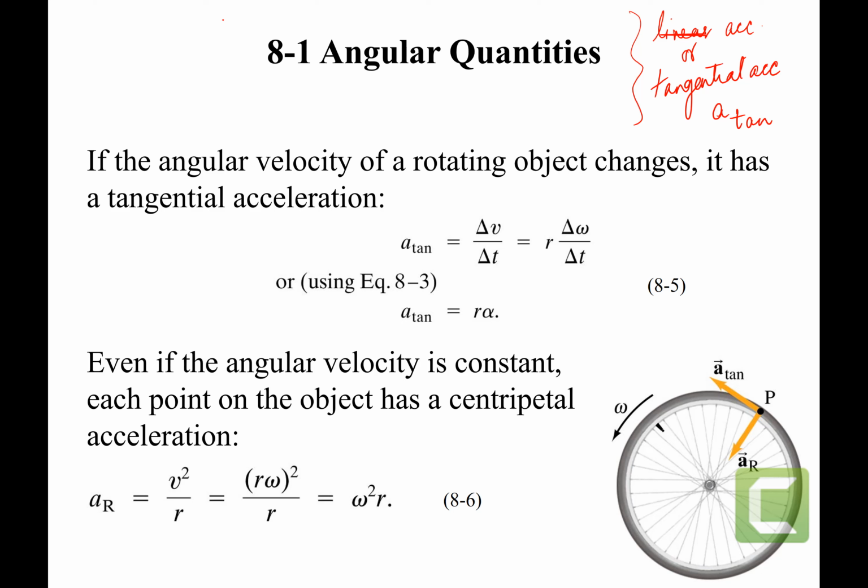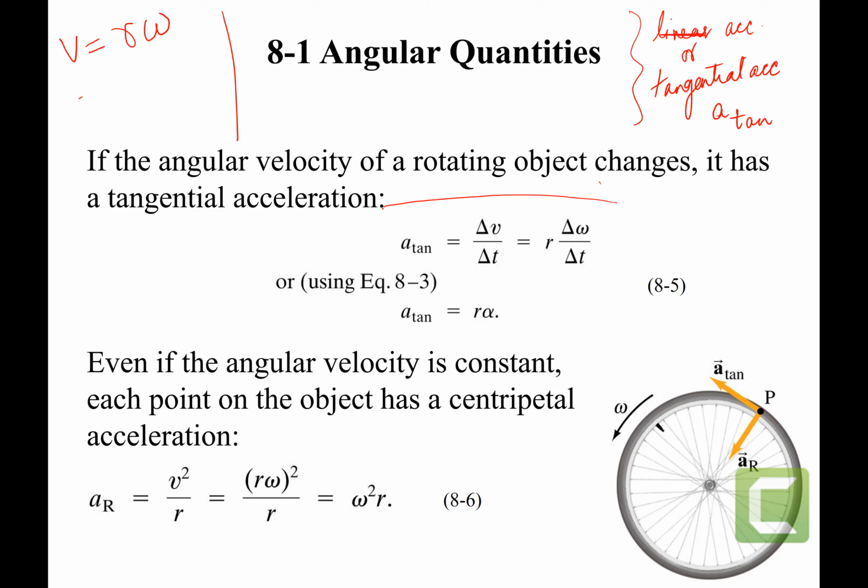Just like before, you found a relationship between linear velocity, radius, and the angular velocity, in the same way, we will find a relationship between the tangential or linear acceleration and the angular acceleration alpha that we discussed. So we begin this way.